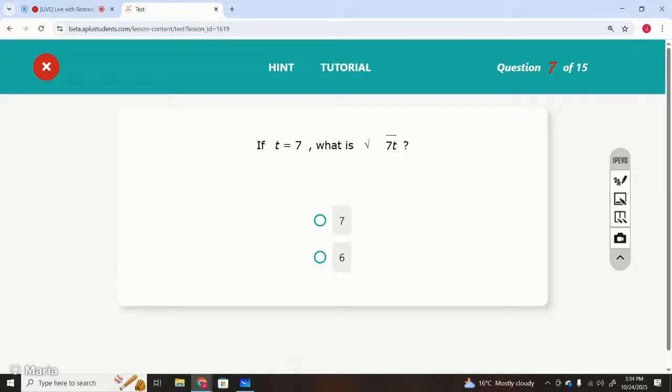If t equals 7, what is the square root of 7t? That is option number 1, 7 it is.